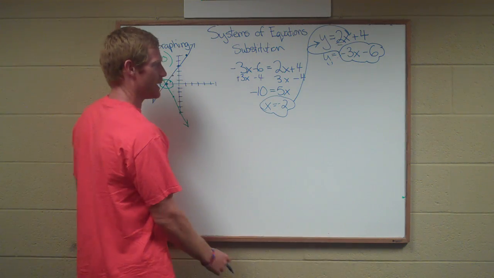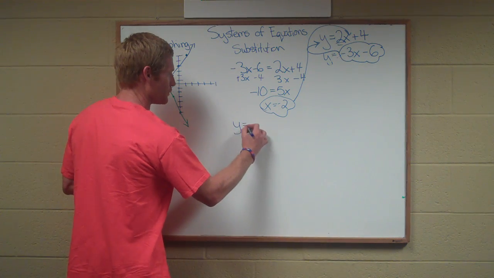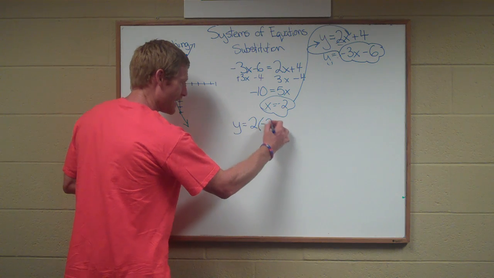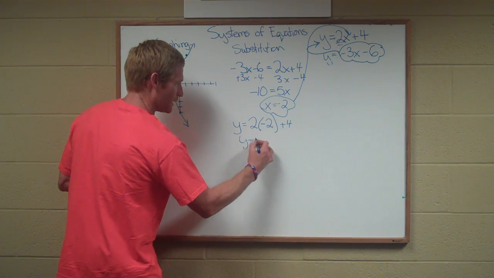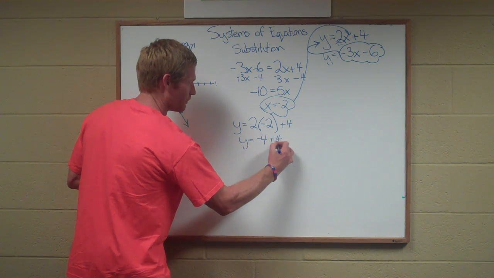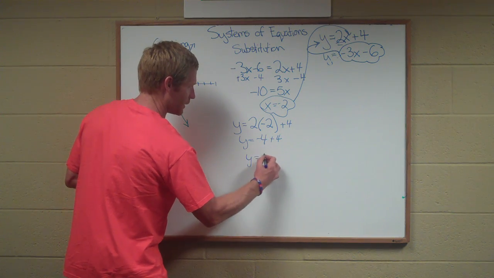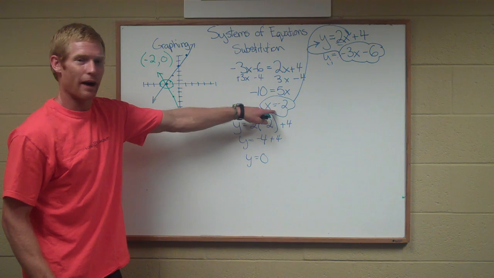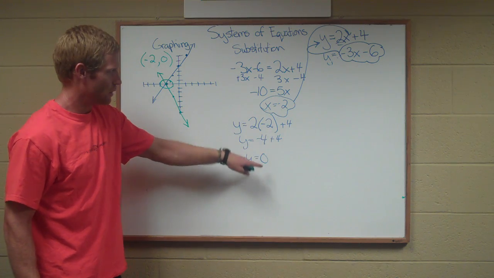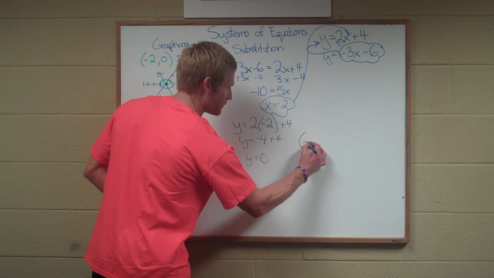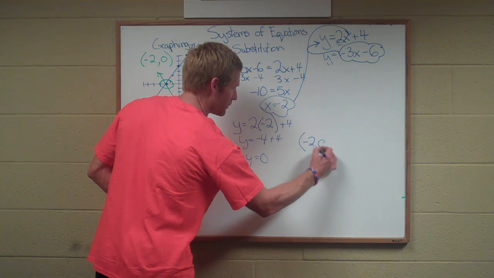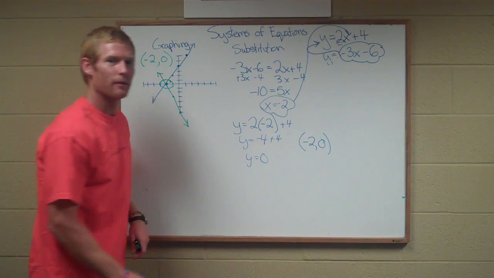I sub that back in, and I get y equals 2 times negative 2 plus 4. That's y equaling negative 4 plus 4, y equaling 0. Our x value is negative 2, our y value is 0, and to finish it off, to write the answer in proper notation, I'm going to write it as an ordered pair.